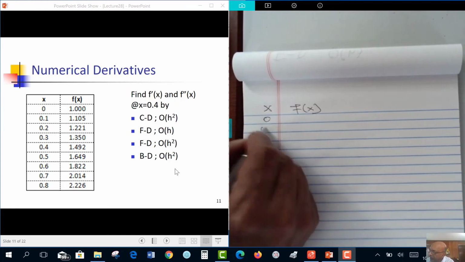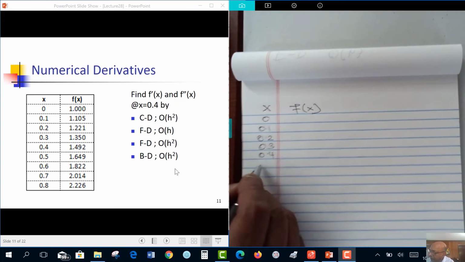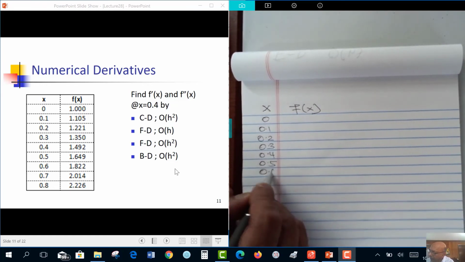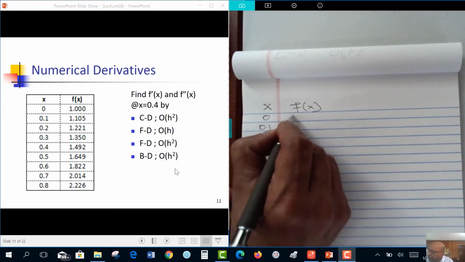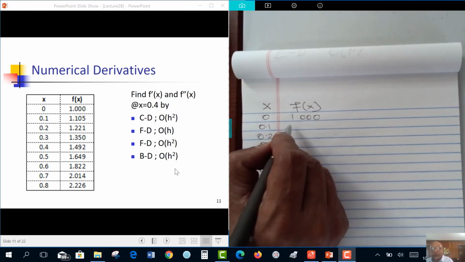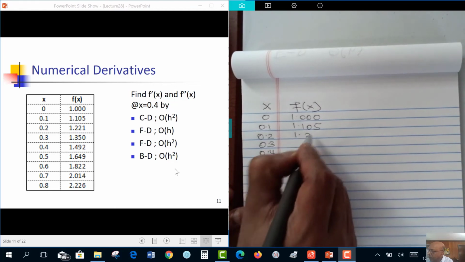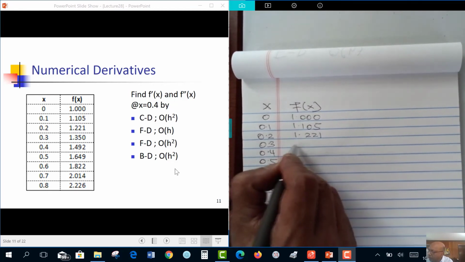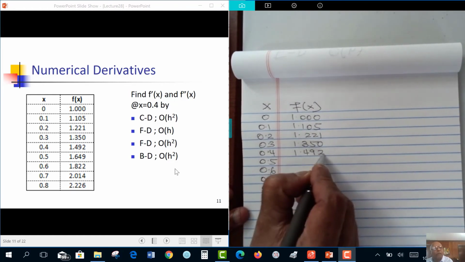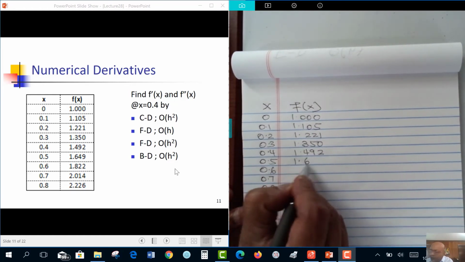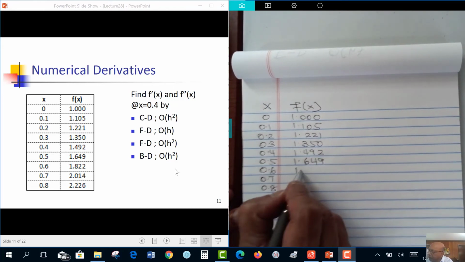They are spaced 0.1 apart. You may remember this table; we used it for integration, so you know the function now. I would like you to also do it along with me. So take out a piece of paper and pencil, and do it along with me.